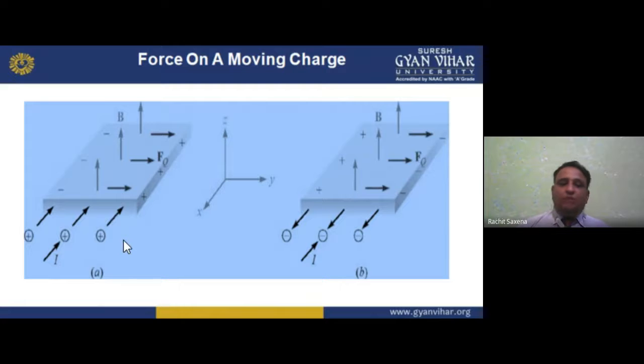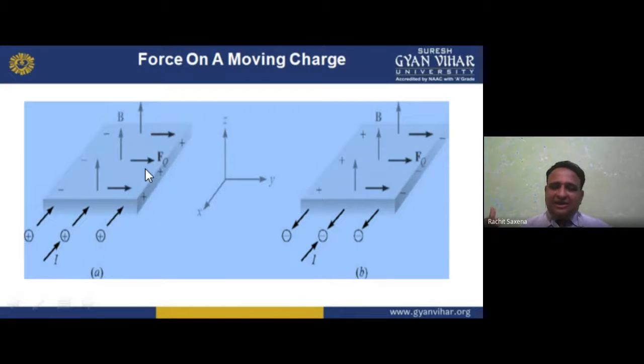First I'm talking about the entering, that is figure A. Here the charge is moving in a conductor or material. Now we have the magnetic field, which is perpendicular. This shows the negative and positive charges, and the plus sign shows entering.